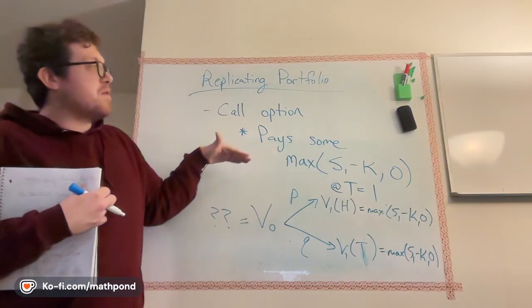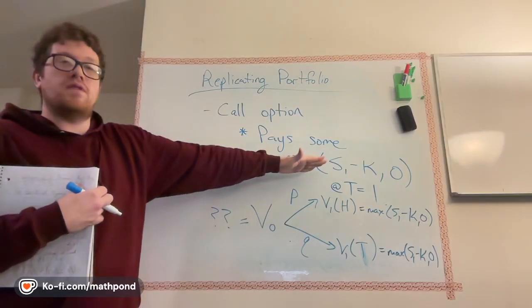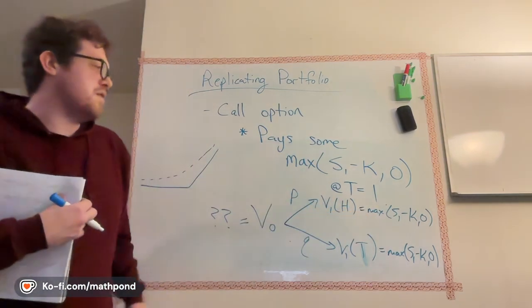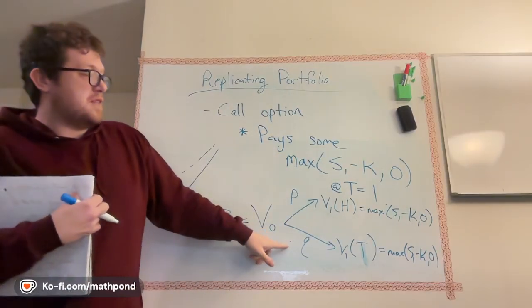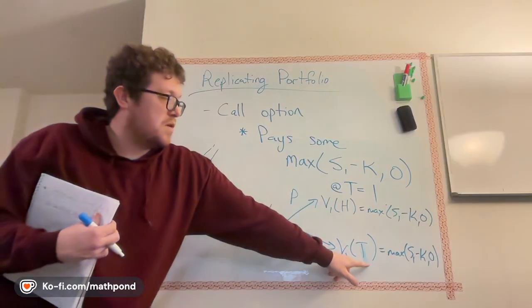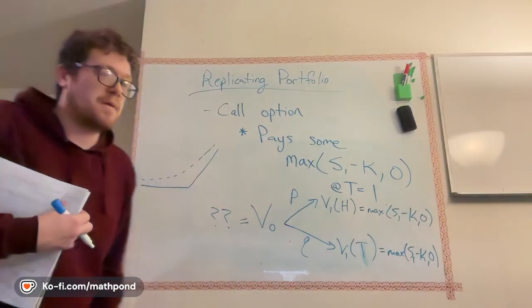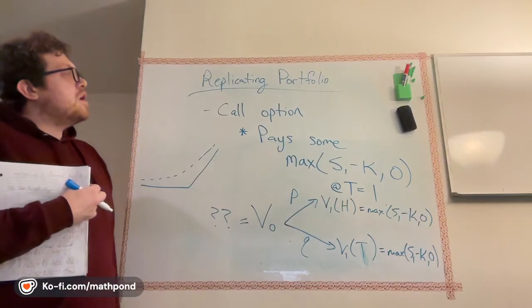Based on that replicating portfolio, there should be a way to set it up so that if the stock goes up, the portfolio is worth this V1 of H, the value of the option at time 1. Or if the stock goes down, I can set it up so that the value of the portfolio is equal to the value of the option for the other event happening.